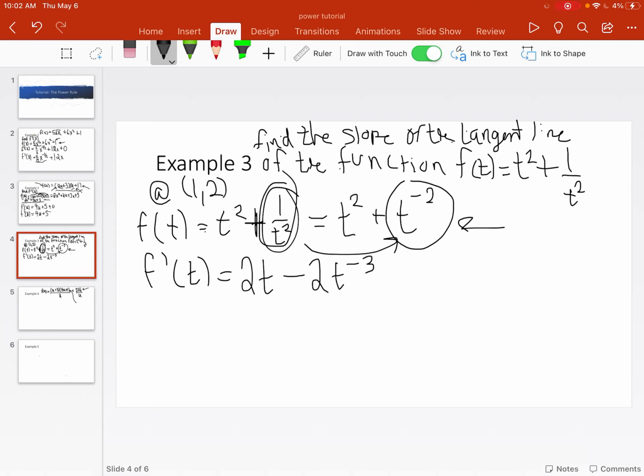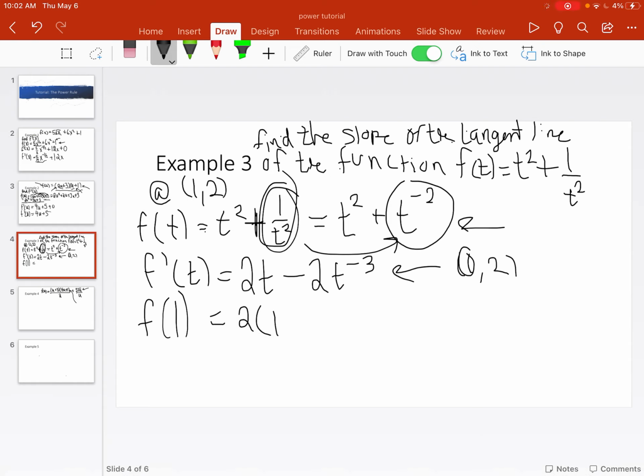Now we want to find the slope of the tangent line, and recall that the derivative gives us the slope of the tangent line upon some input. So our input here, our point at which we want to find the tangent line of f of t, is (1, 2). So let's plug in t equal to 1, because this corresponds to our t values.